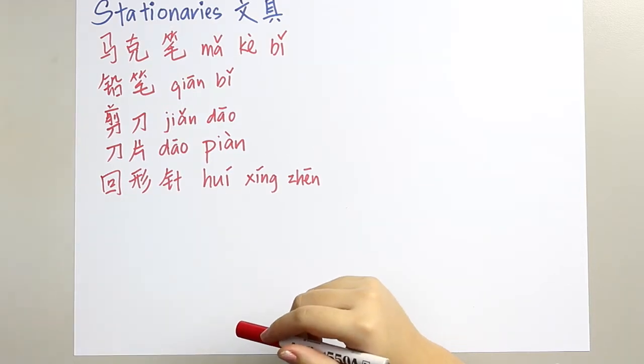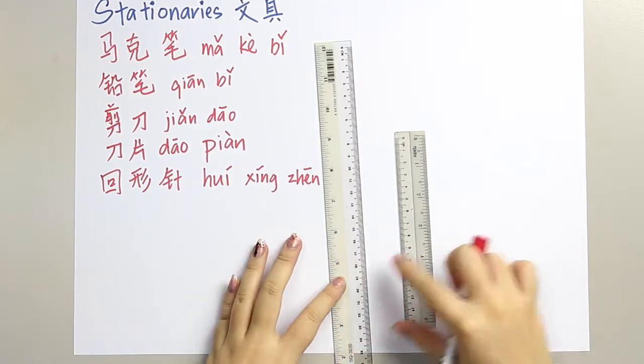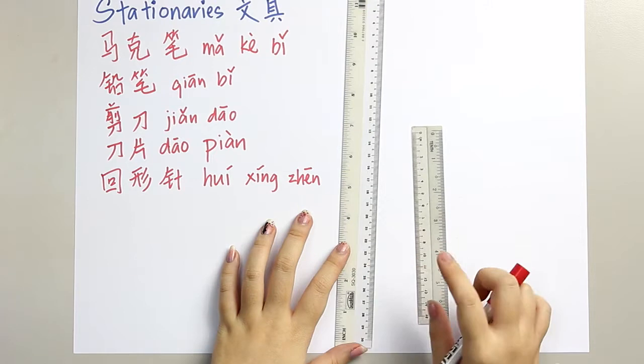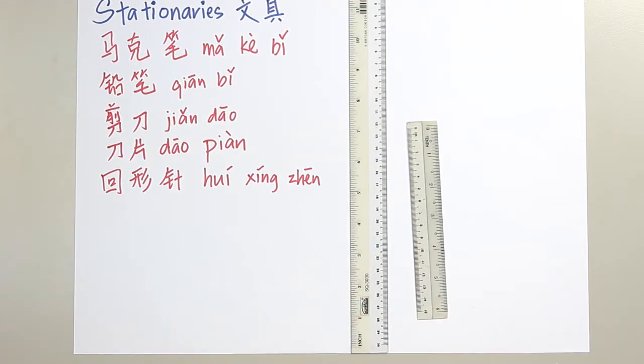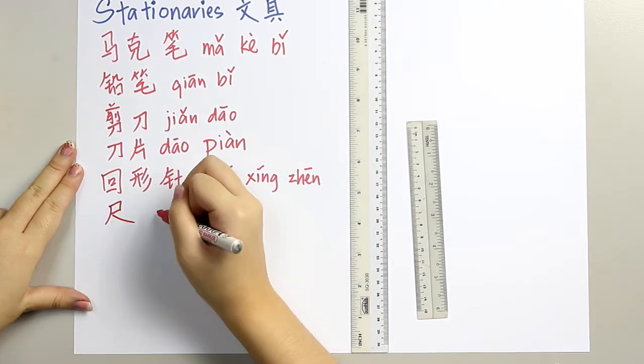And this. They are rulers. A long ruler and a shorter one. So first we have to know ruler in Chinese is called 尺.